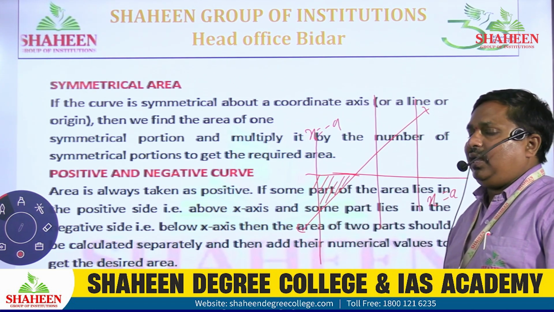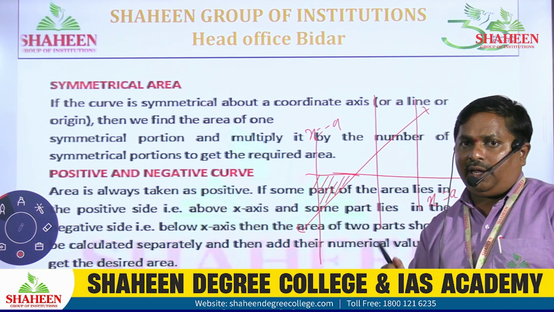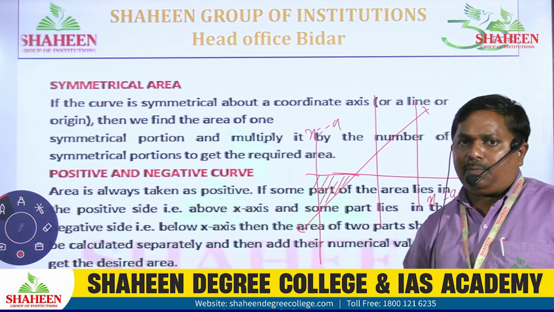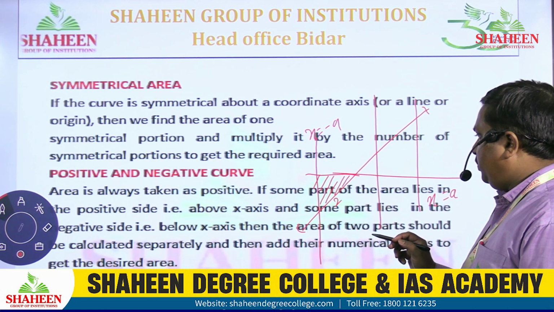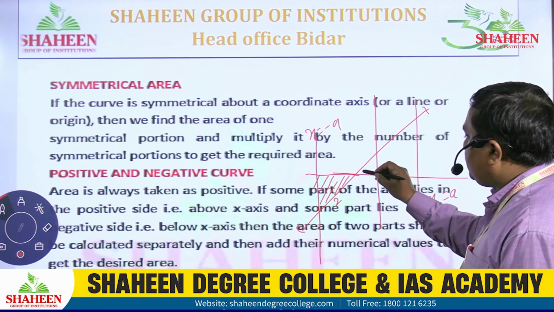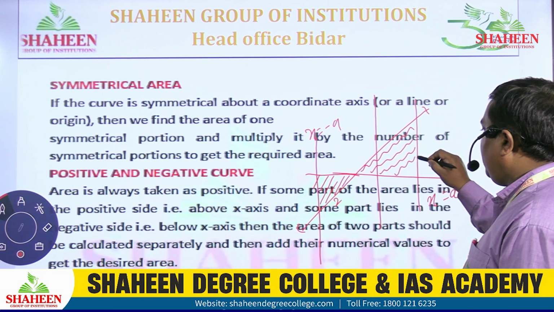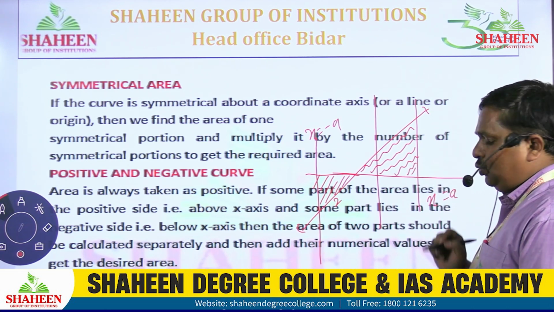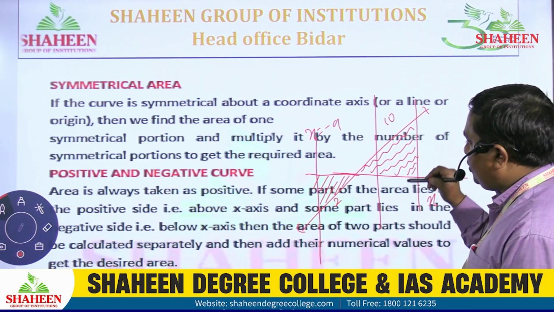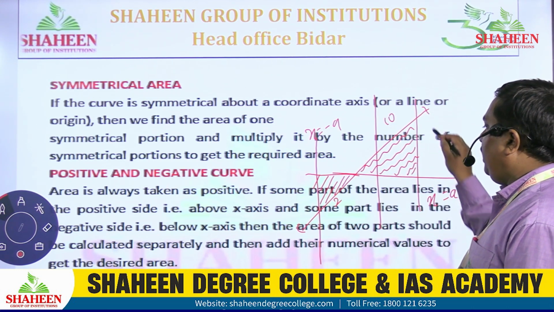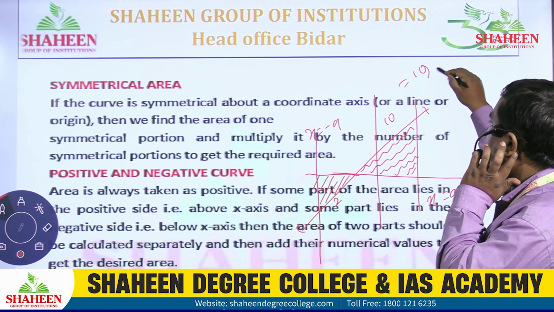You find this area separately, but definitely this area we will get as negative. So you take its modulus, then you will get a positive area. Suppose this area is 2 square units. The remaining portion is above the x-axis, so definitely this area we will get as positive. Suppose this area is 10 square units. The total area of the shaded region becomes 2 plus 10, which is equal to 12 square units.